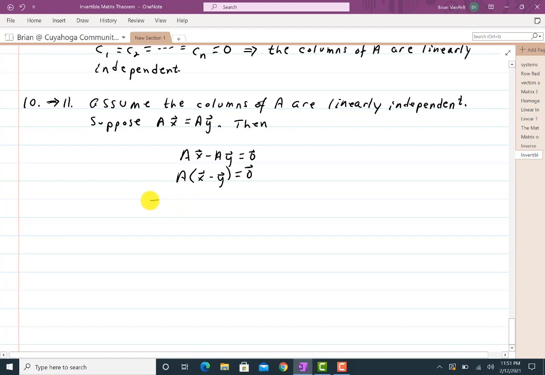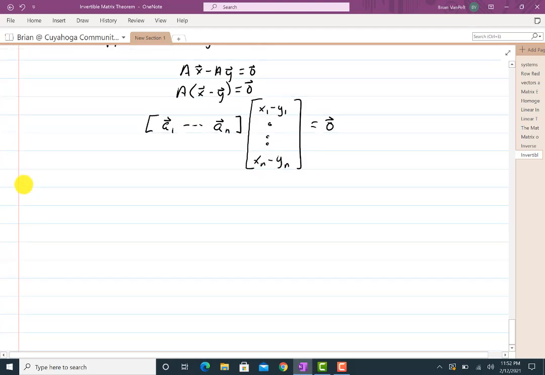And then we can decompose A1 up to An times X1 minus Y1 ... Xn minus Yn equals the 0 vector. Let me continue. The definition of multiplying a matrix times a vector has me do this: (X1 minus Y1) times A1 plus ... plus (Xn minus Yn) times An is all equal to the 0 vector.